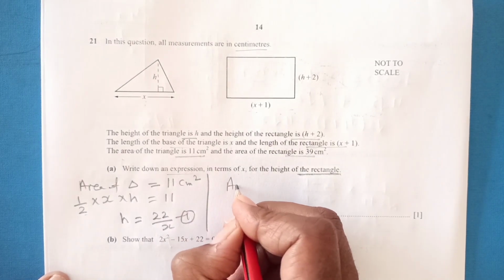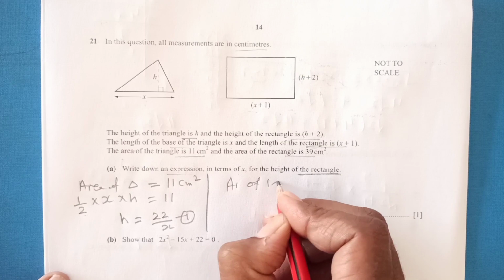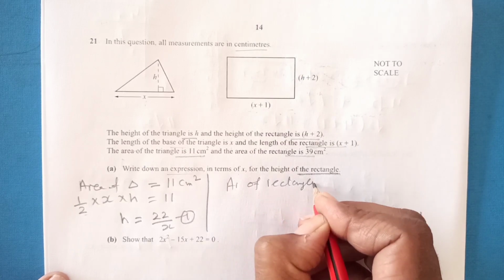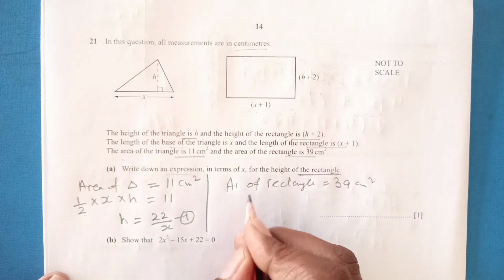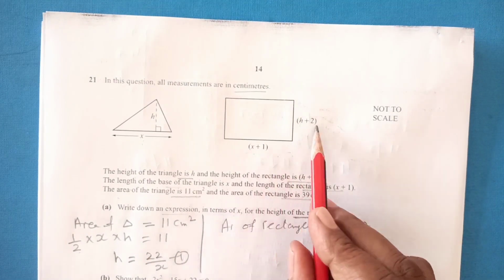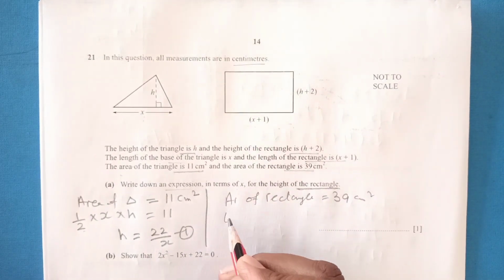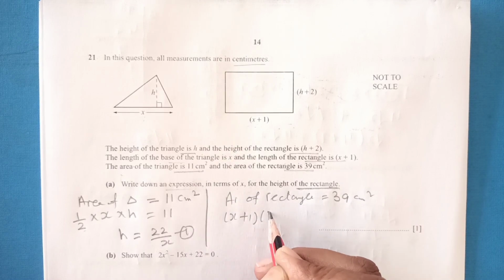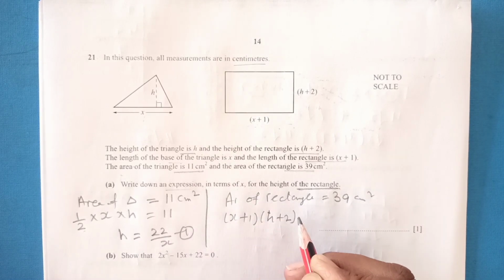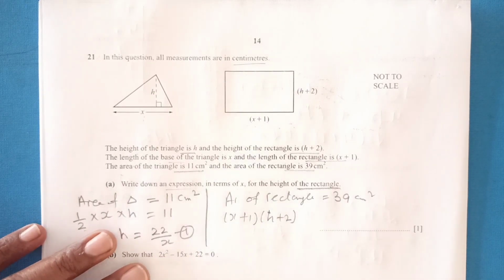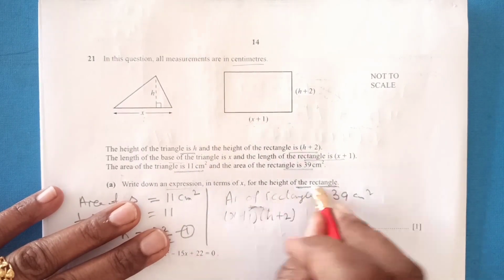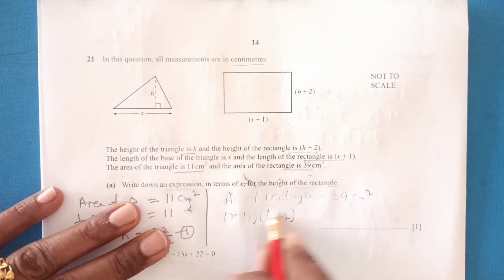Now the area of the rectangle, we are given 39 centimeter square. So the area of the rectangle is length times width, meaning x plus 1 into h plus 2. But here we are not taking the area, we are just taking the height.